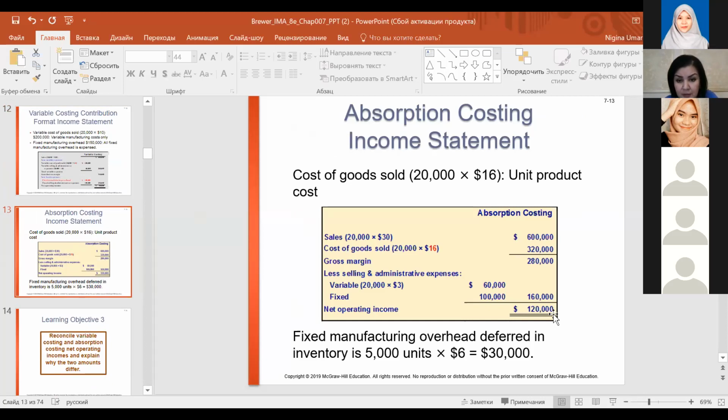What is the difference here? Difference between 90,000 and 120,000. $30,000, the difference. And the $30,000 of fixed manufacturing overhead resides in the inventory, in the ending inventory.